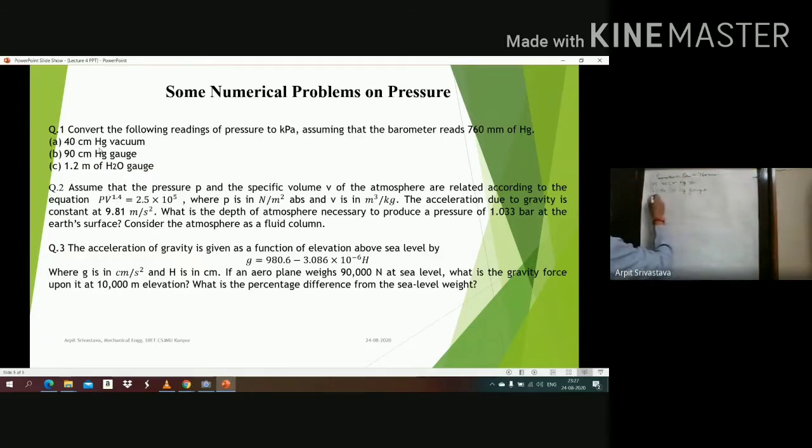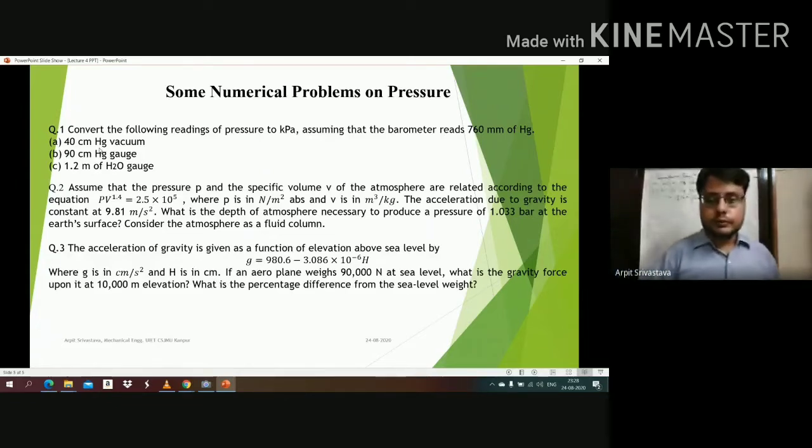And in the third part, we have to calculate 1.2 meter of H2O gauge. So these are the parts of this problem.